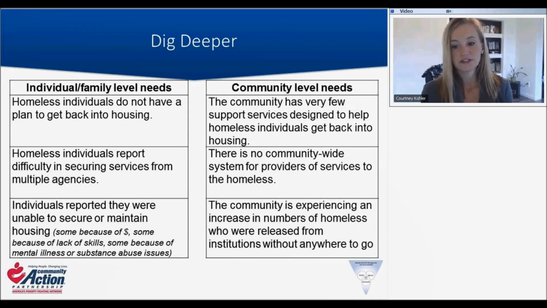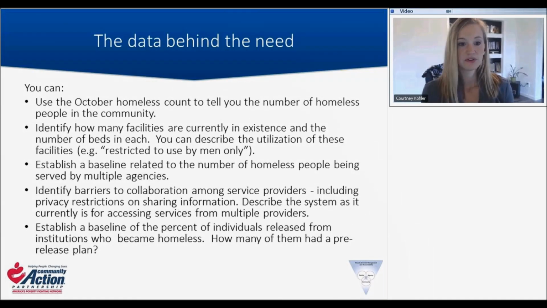They had a survey among the chronic homeless that showed that they were not using any support services, while those who had been homeless but were now housed reported using 3 or more support services. This ends up being a key factor to getting people into a house and being able to stay there. Then we look at the data behind the need.